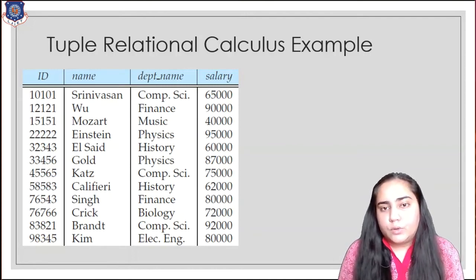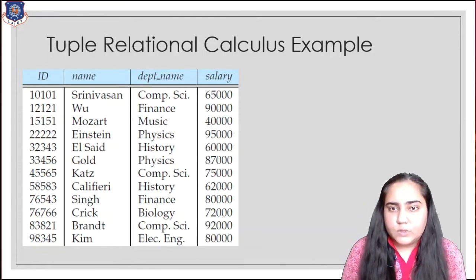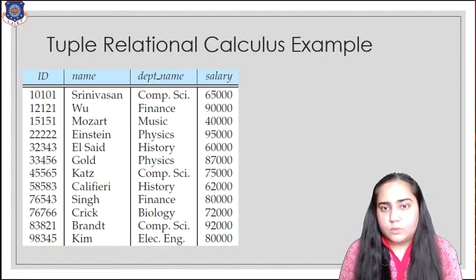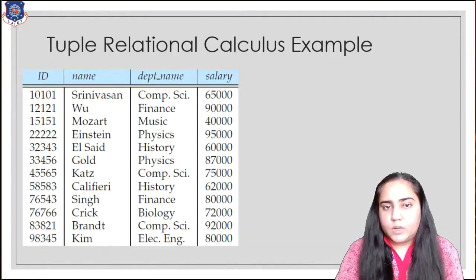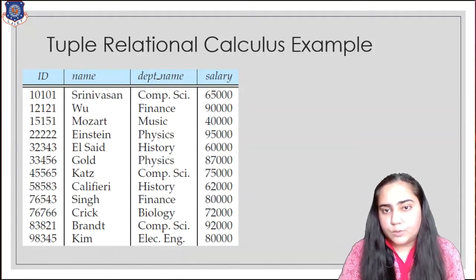And so if we use the same relations, you will be able to correlate the two better. So this table contains the IDs of different instructors, their names, which departments they belong to, as well as their salaries.